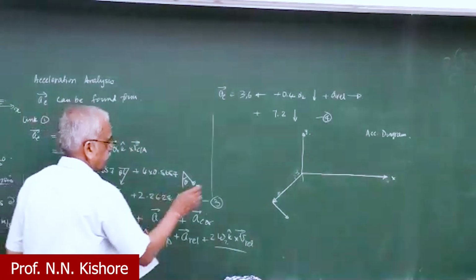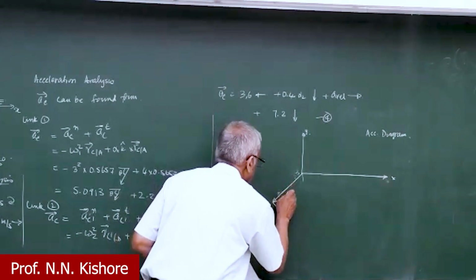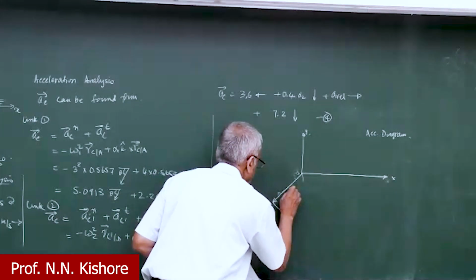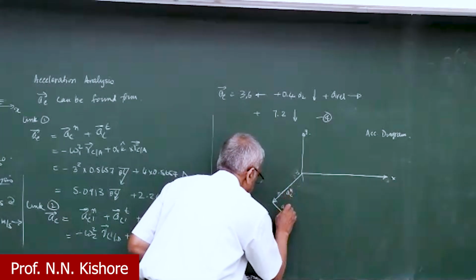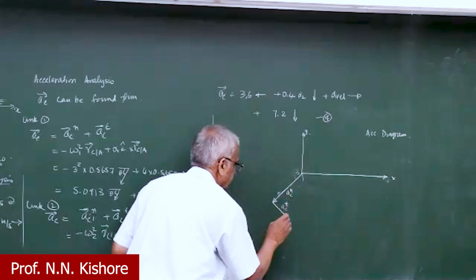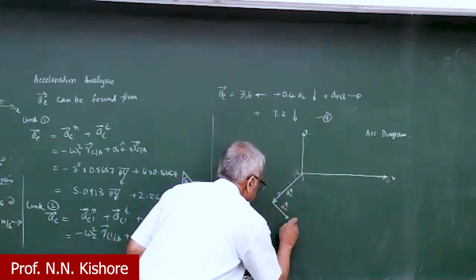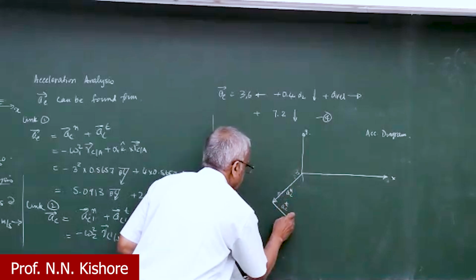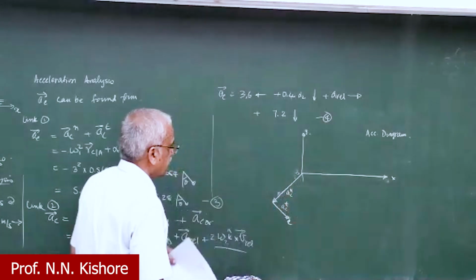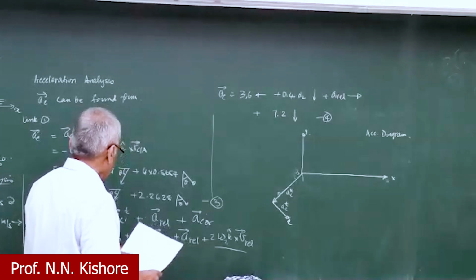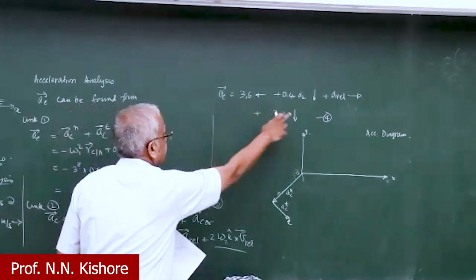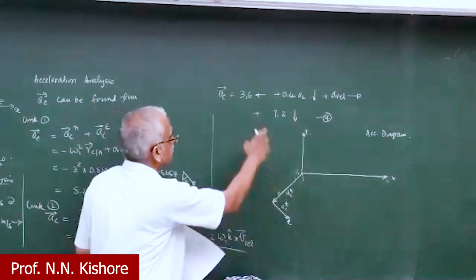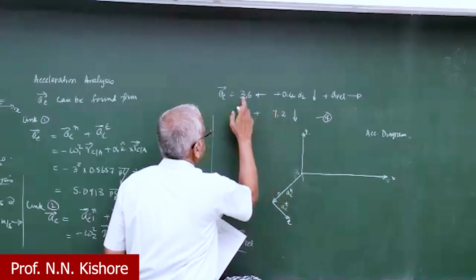So this is the 3.6 part. First component. And then the second and third are a little unknown. So I'll put this one a little longer, though it's actually shorter than this one. And then after that you have 7.2.